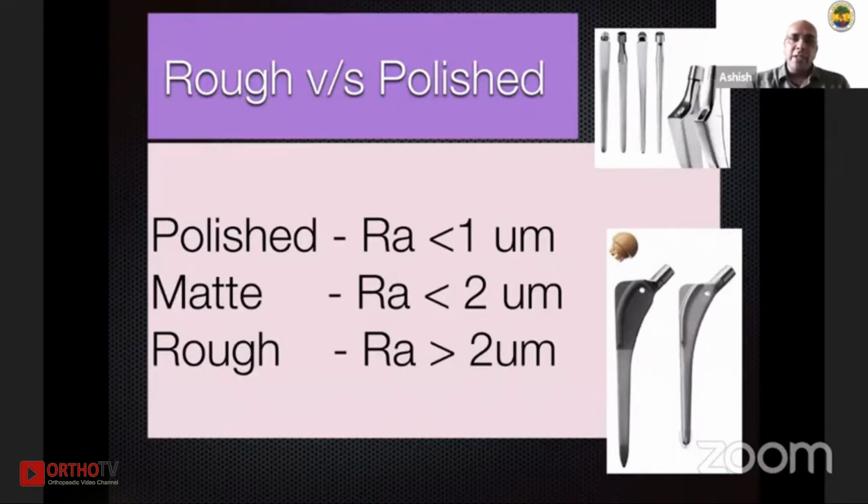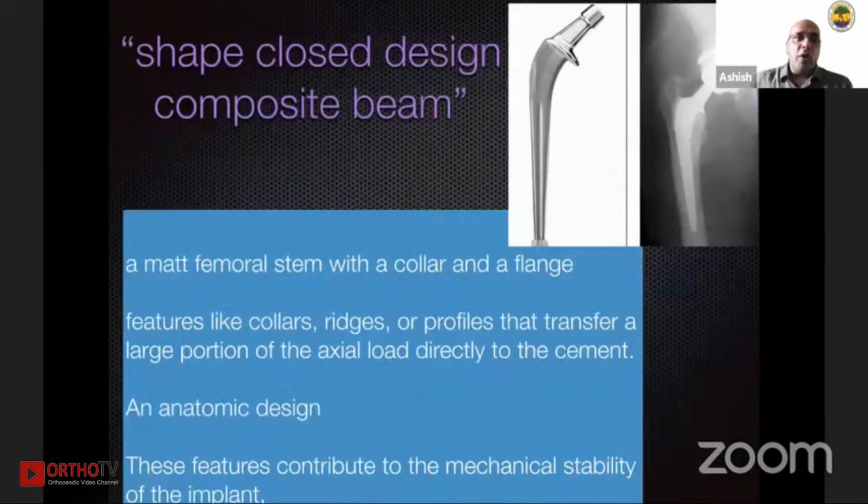And if it's a rough finish, it is more than 2 micron. So that is all we need to understand here. Now, how does that make a difference? When we talk about these femoral stems, there could be two concepts. One is a shape-closed design, which is what you see in the figure next to it, or it works more as a composite beam. This is basically a matte finish femoral stem which has a collar and also has a flange.